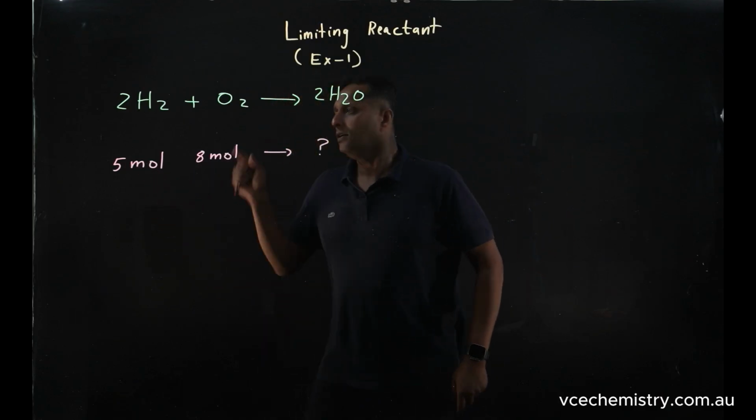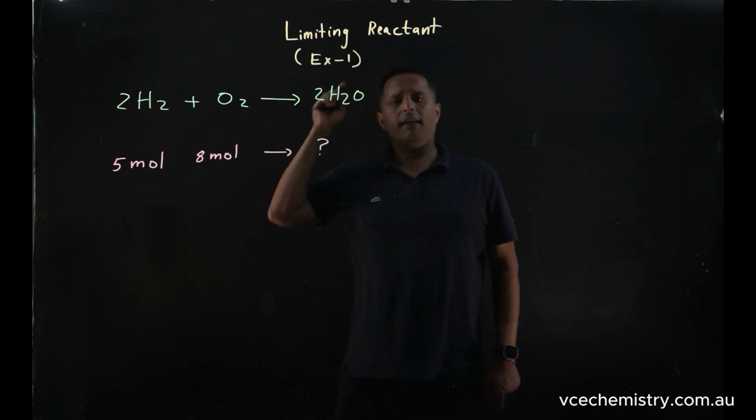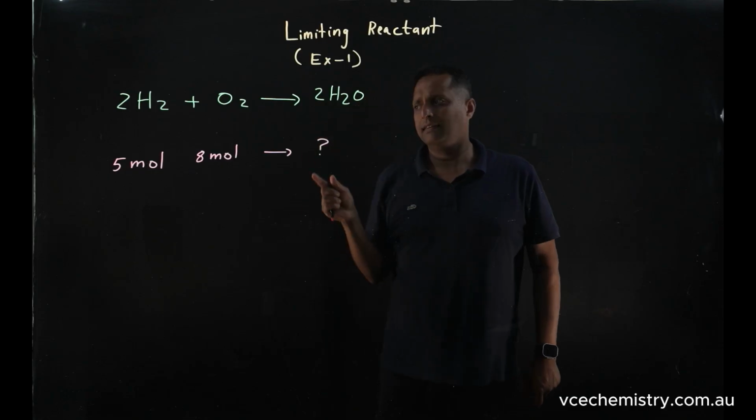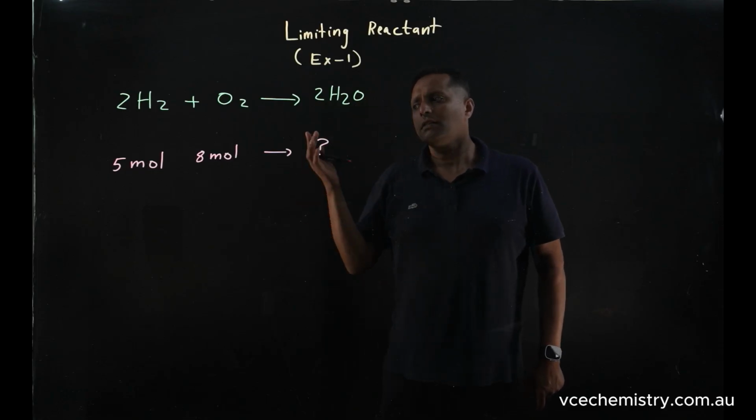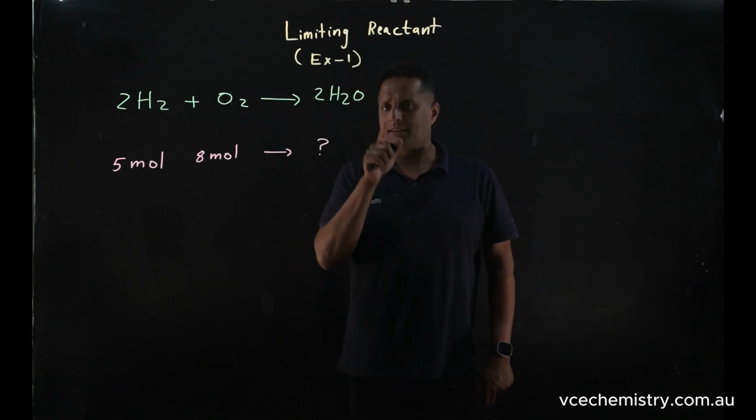As you can see, you've been given the number of moles of hydrogen as well as oxygen. Now, this is where you need to find out what the limiting reagent is. That's the first step.